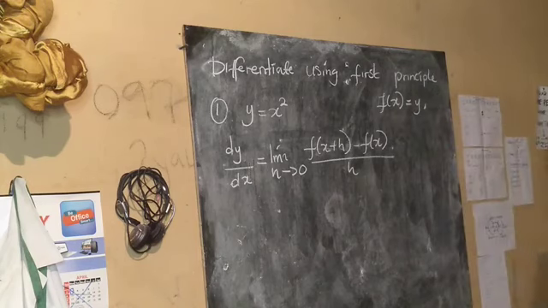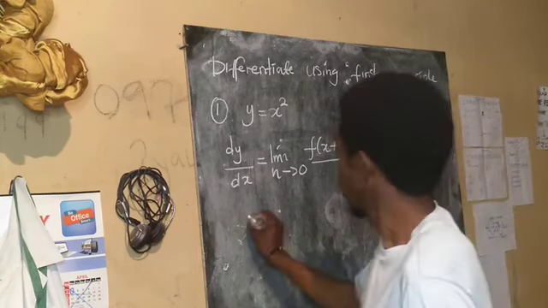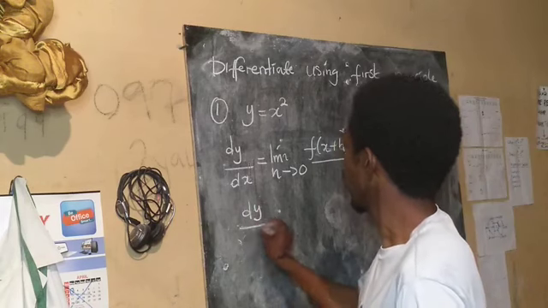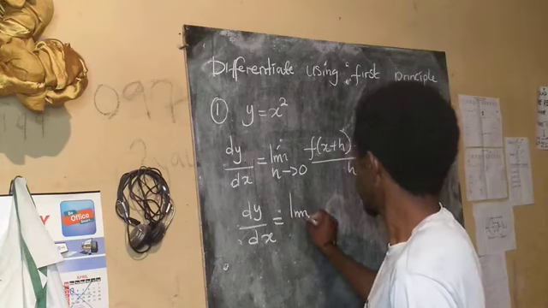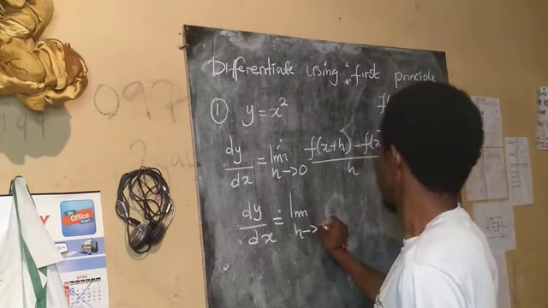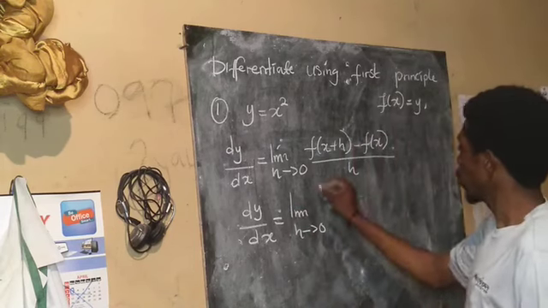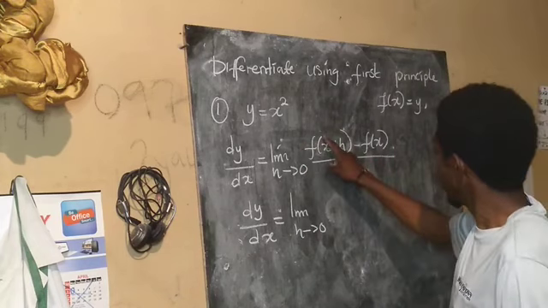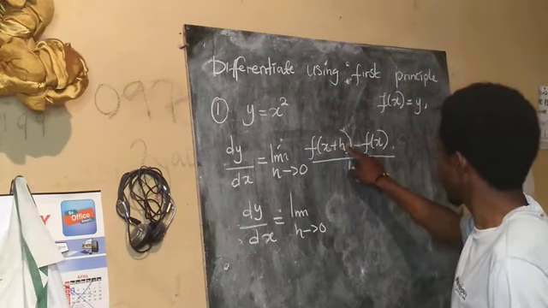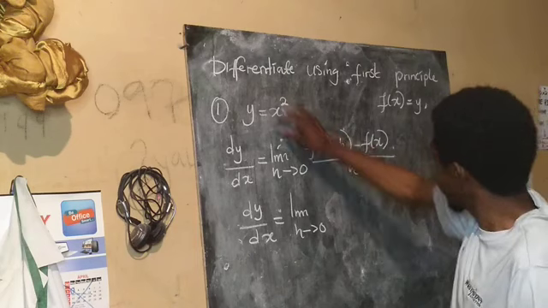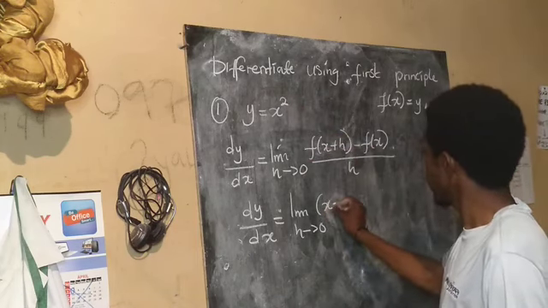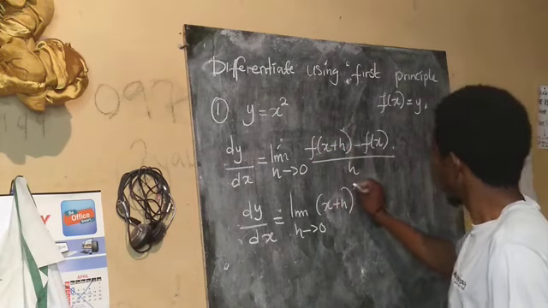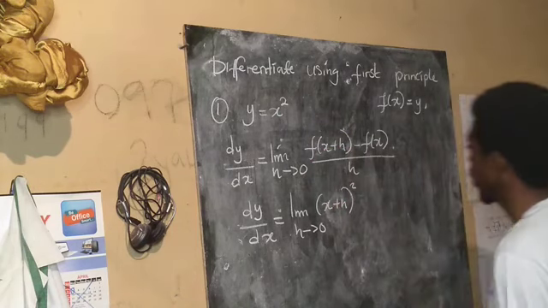Then I'll start the differentiation. So I'll say dy over dx equals limit when h is approaching 0. Since this x plus h, the x is standing for x plus h, what will happen is I will have x plus h, I'll just square it.